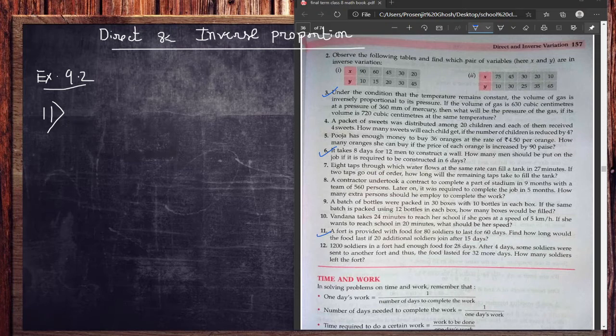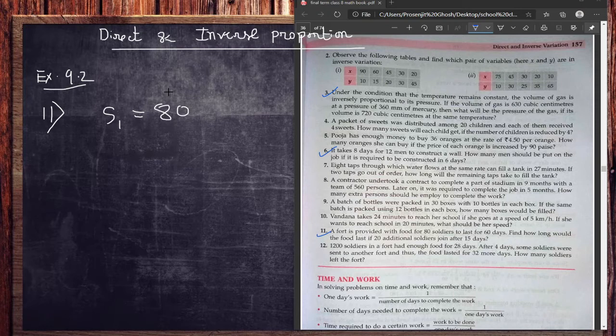So the first value should be that soldiers S1 is 80. Acha. So for 80 soldiers, 60 minus 15, which is 45 days. For 80 soldiers, the 45 days will be different.